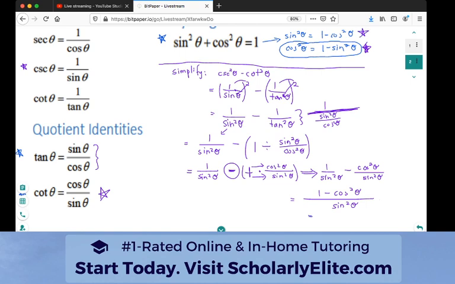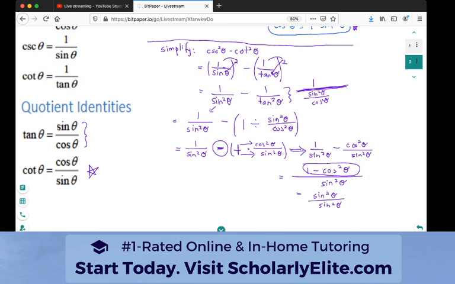So I'm just going to replace this with sine squared theta, which again is like 90% of what identities are, is just replacing stuff. And we know that anything divided by itself is equal to 1. So this answer is 1, because sine squared theta divided by sine squared theta is equal to 1.